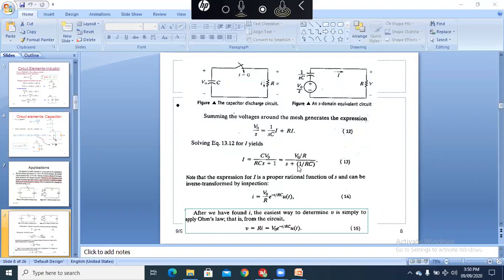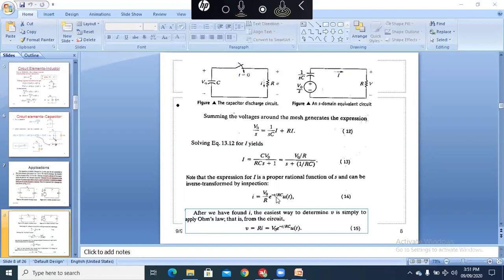And if we want to express this relationship in time domain, we can take V naught by R as a constant and 1 over S plus A, and this gives e to the minus AT U of t, the exponential decaying function, where the value of A is 1 by RC.